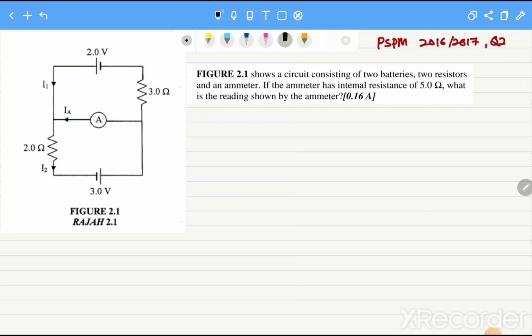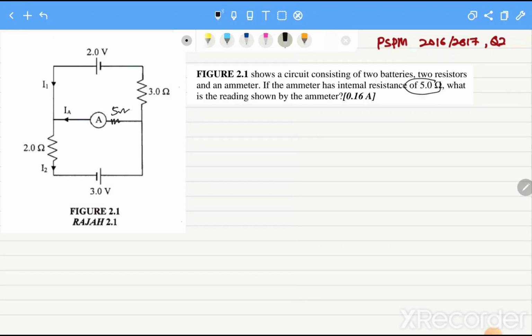Figure 2.1 shows a circuit consisting of 2 batteries, 2 resistors and an ammeter. If the ammeter has an internal resistance of 5 ohm, what is the reading shown by the ammeter? Okay, first we label the internal resistance, 5 ohm, next to the ammeter.